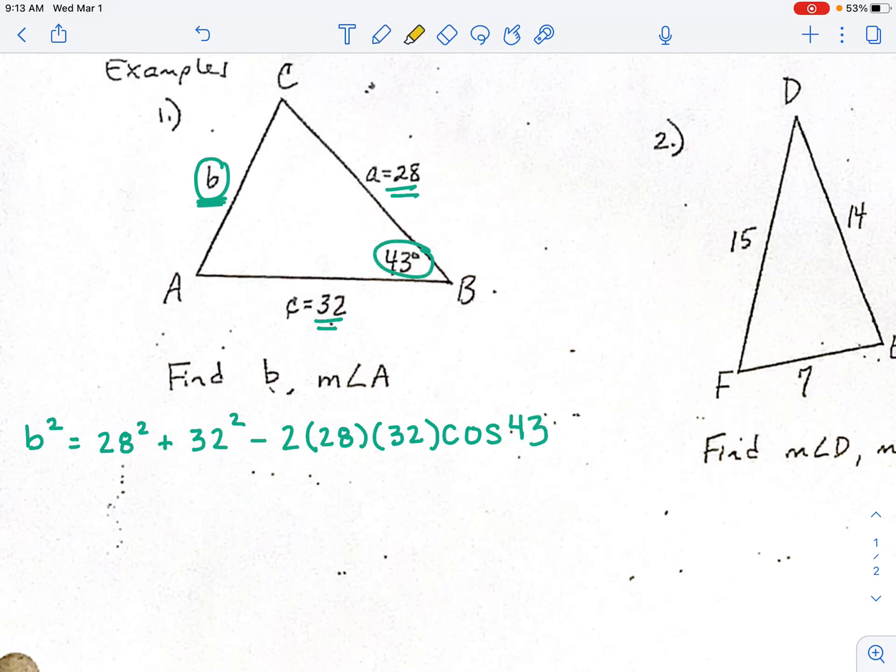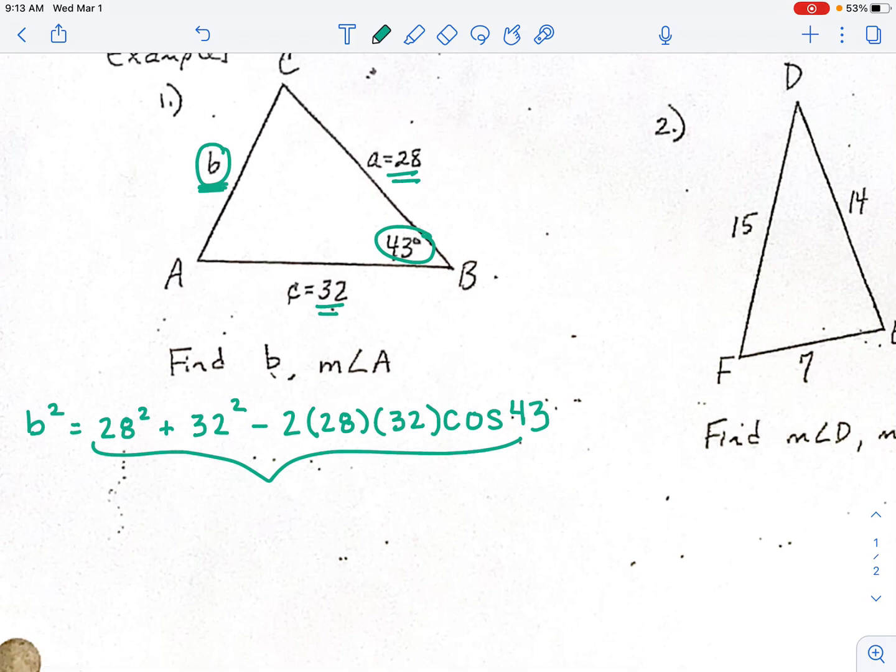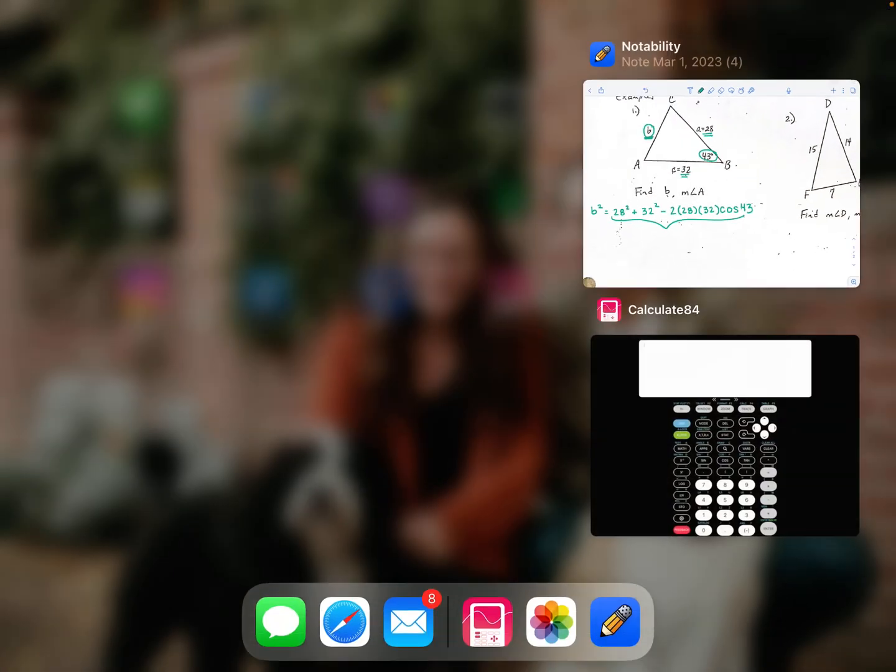So when looking at this problem, the variable we're solving for is over here by itself, which is great, because that means I could type this whole thing right into my calculator and find a value. So we're going to pull out your calculators. I'm going to do it with you here.